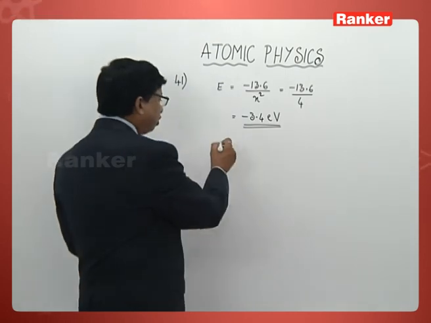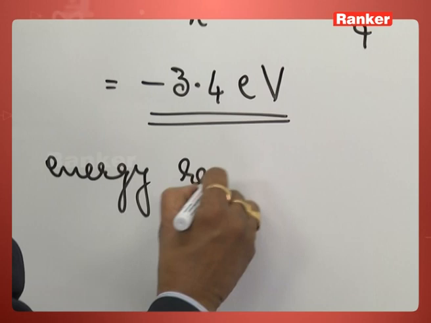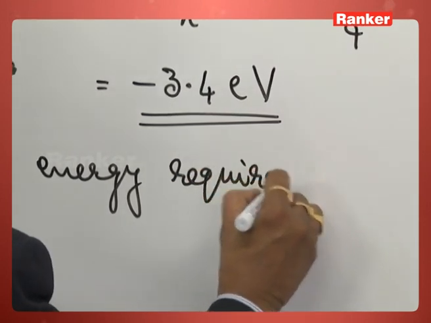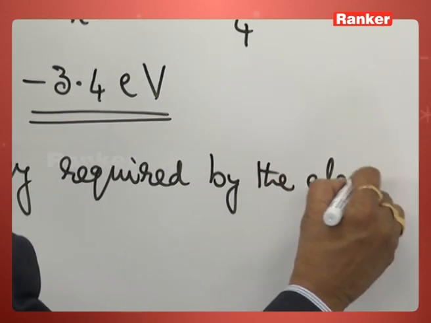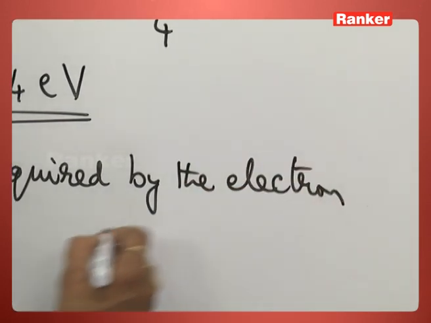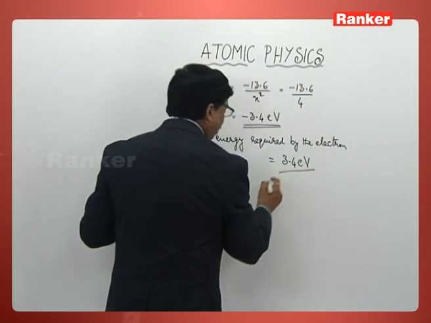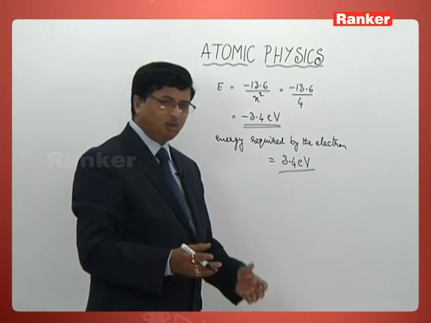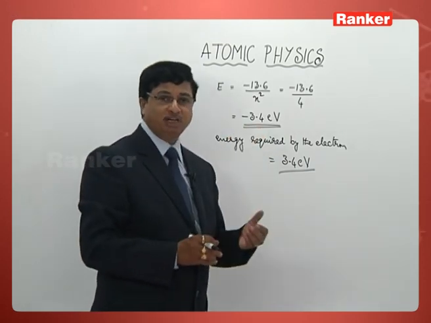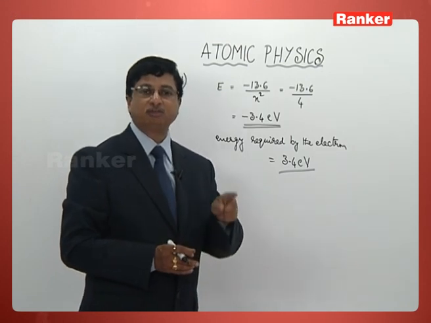So energy required is how much? Energy required by the electron. When we write this way, this can be taken as 3.4 electron volt. Suppose they ask you how much energy you need to give to it, then you can directly write it with a negative sign, minus 3.4, because we are giving energy to the system, therefore it should be taken with a negative sign.